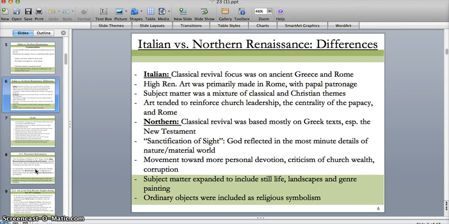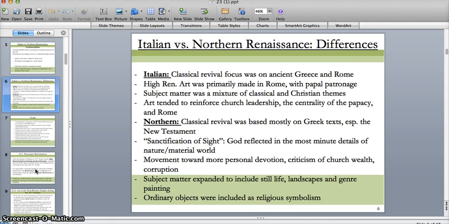The differences, which are much more numerous. So both areas have this classical revival apparent. The difference, though, is that the classical revival in Italy is really focused on ancient Greece and Rome. So think of the sculpture and the architecture of ancient Greece and Rome is really what they're influenced by, incorporating that into their art.